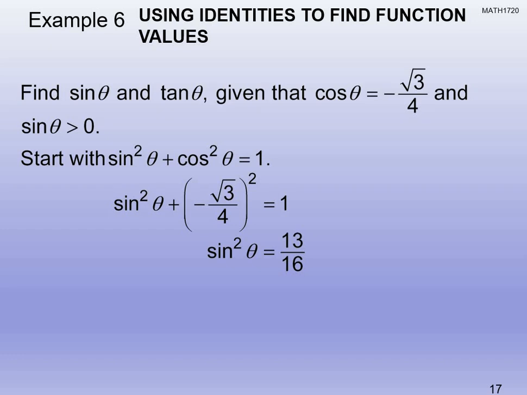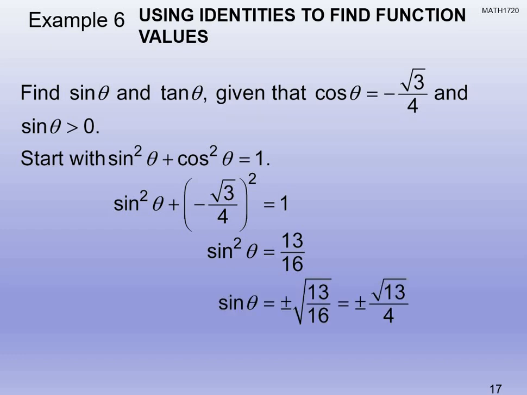We need to rewrite 1 in terms of 16. So you should be able to do 1 minus 3/16 and get 13/16. So now that we know that sine squared theta equals 13/16, in order to find out what sine is, we have to square root both sides. So we're undoing a square.